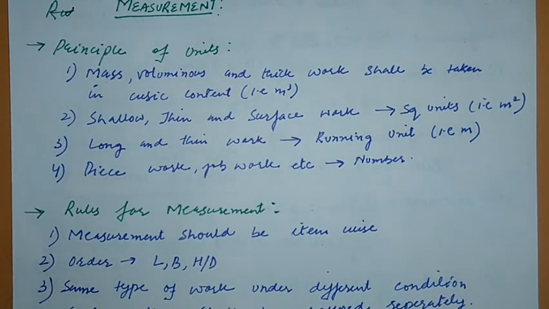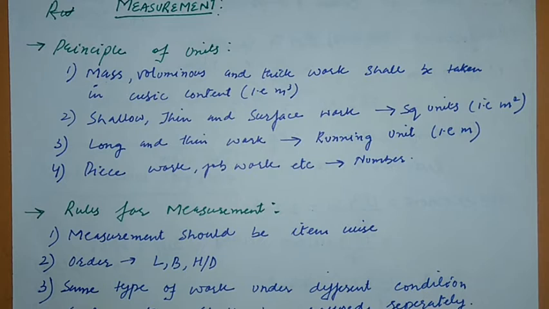So whenever all three dimensions are important to us, length, breadth, and height or depth, like the case of earthwork in excavation, for that particular work we should measure it in cubic content. That means it should be measured in meter cubes if we are adopting the SI system.